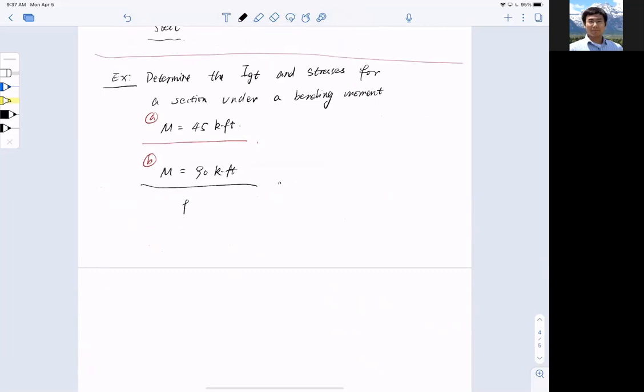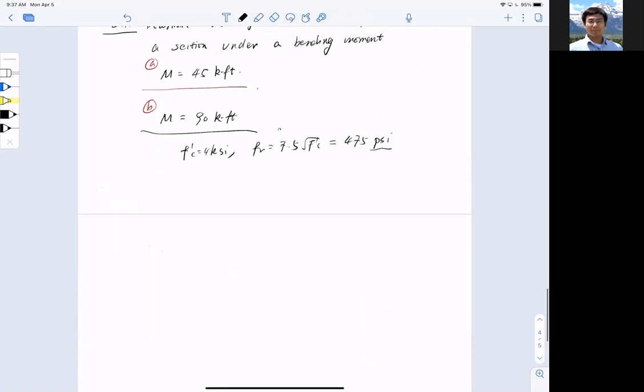The parameters for concrete are 4 ksi concrete, and the tensile strength fr is 7.5 square root of f'c. Let me tell you already so you don't have to compute it: this is 475 psi. The yield strength for the steel, fy, equals 60 ksi.